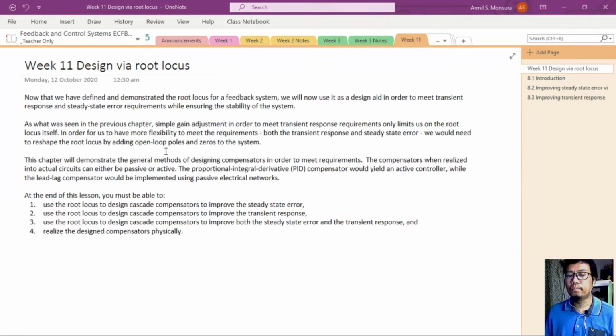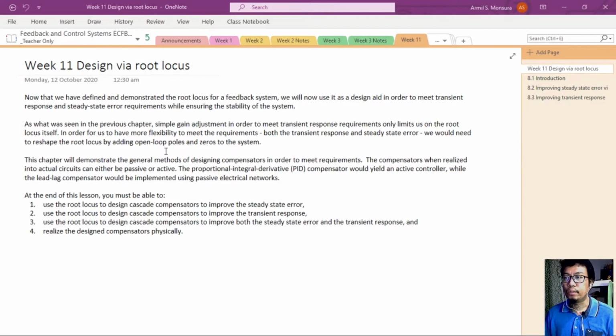Kaya lang, since we are just merely adjusting the gain, it also means that we are only working along the root locus only. Therefore, our improvement would be limited to those points that are on the root locus.